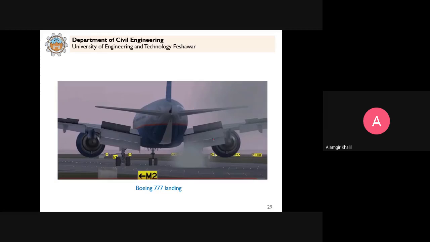And this is what you commonly see. Whenever the aeroplane is landing, you can see the spoilers are up to reduce the lift force, and the flaps are down to increase the drag force so that it can stop quickly. Clear?